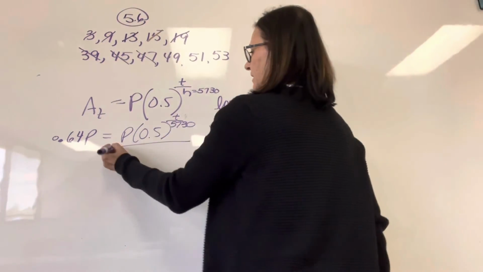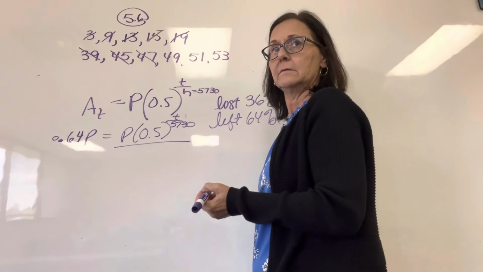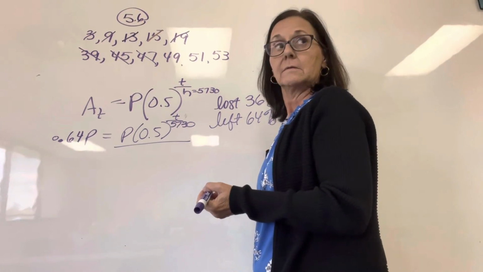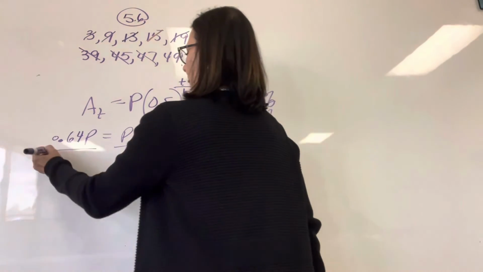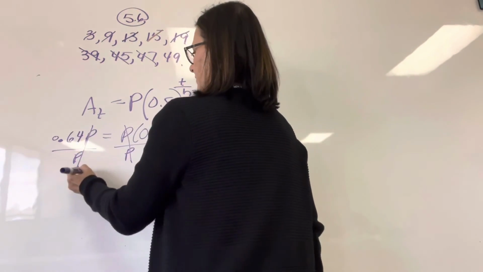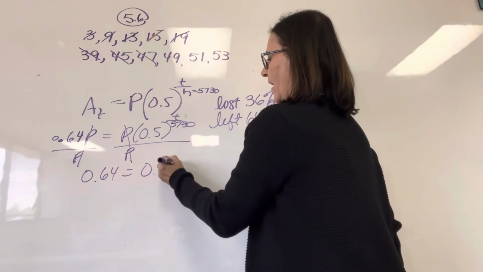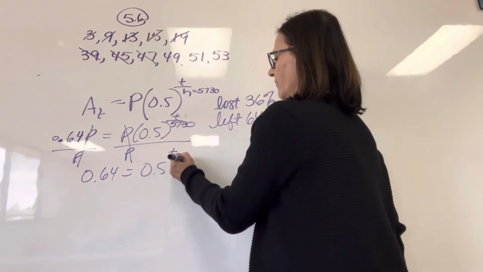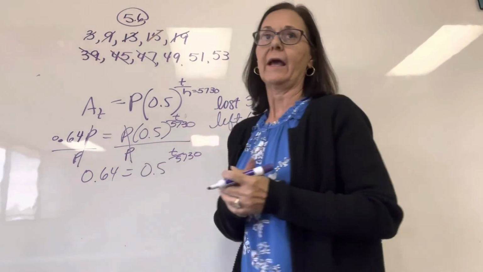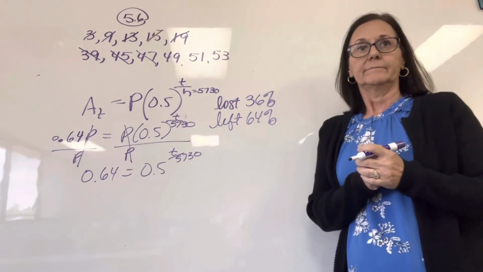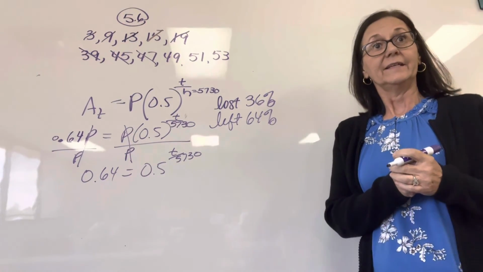Equals P times 0.5 to the T over 5,730. Divide by P on both sides, right? So we have 0.64 equals 0.5 raised to the T over 5,730. All right, what am I doing now? Logs.